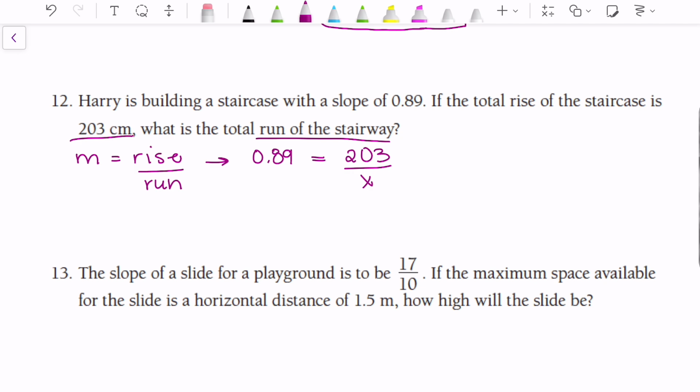Cross multiply, you're going to end up just flipping these two values around because we're going to end up with x is equal to 203 divided by 0.89, sorry. And we are going to get an x value of 228 centimeters of run.